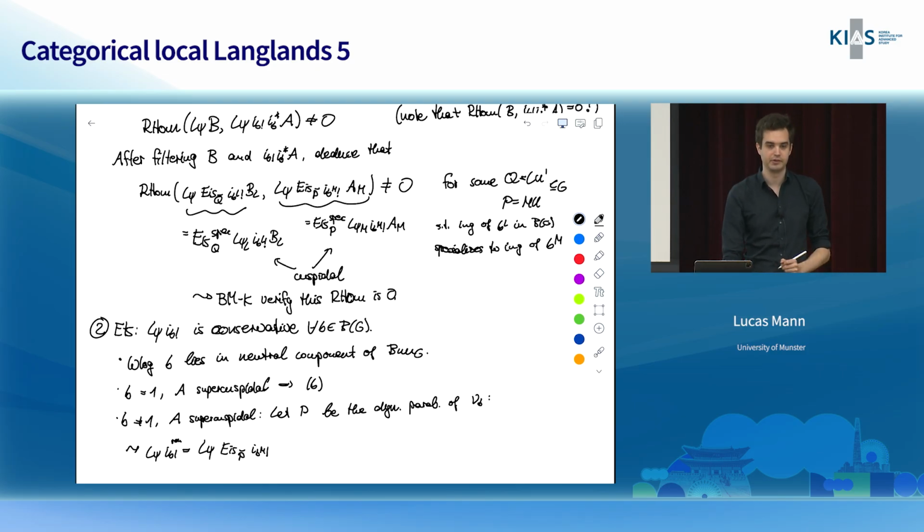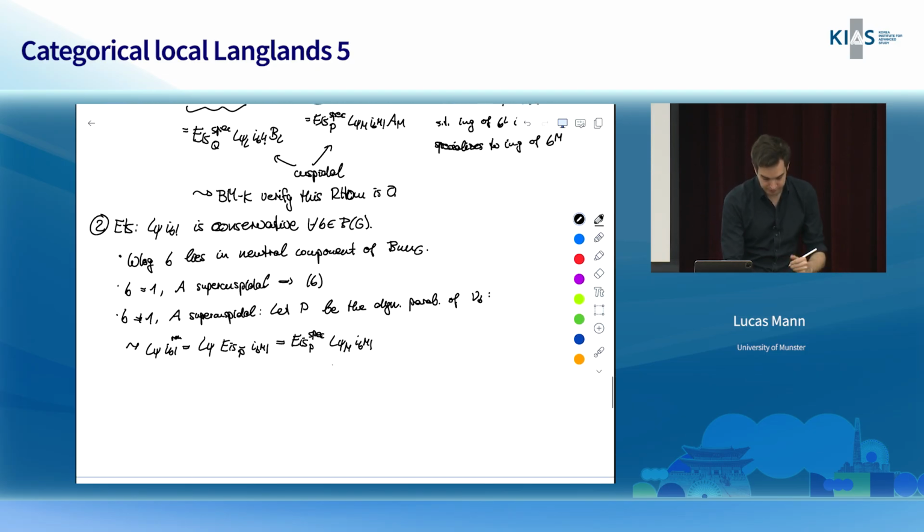So this was the formula that I wrote above. Okay? And then this I can rewrite now by Eisenstein compatibility as this functor. Okay, but now I know that this functor here is fully faithful. And so the only thing that's left to check is that this guy is conservative, and it is, at least on the stuff that happens here.